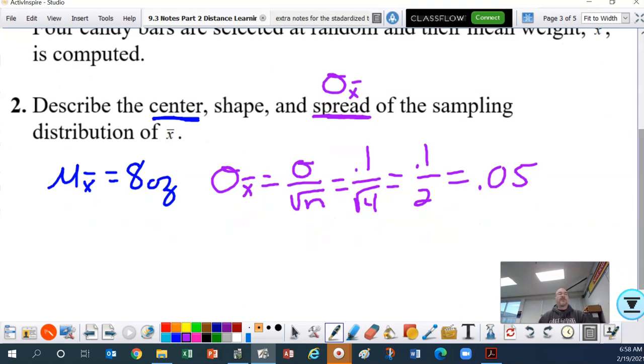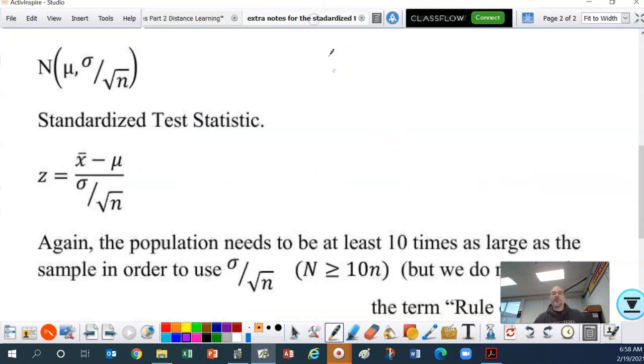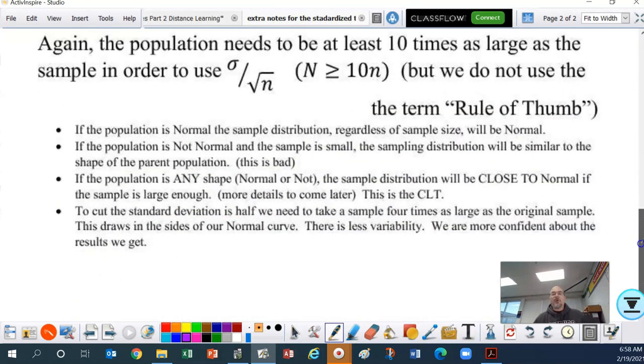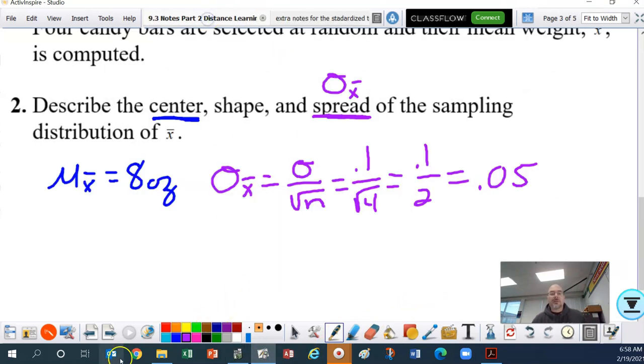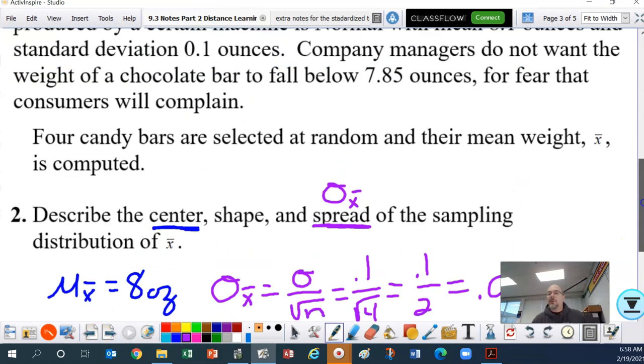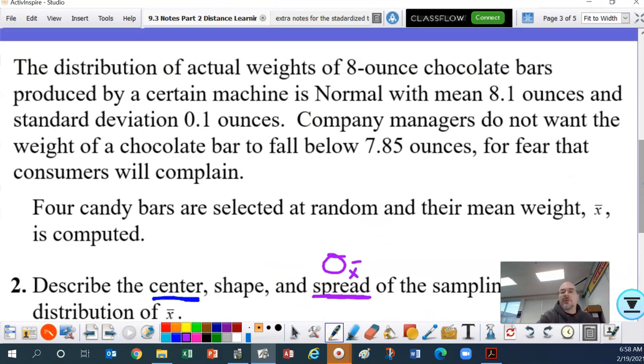Now, the shape of the distribution, ladies and gentlemen. Let me go back to this really quick and pull this down. So this is the extra notes I have for you. It says right here, if the population is normal, the sample distribution, regardless of sample size, will be normal. Well, the original problem says that it's normal.